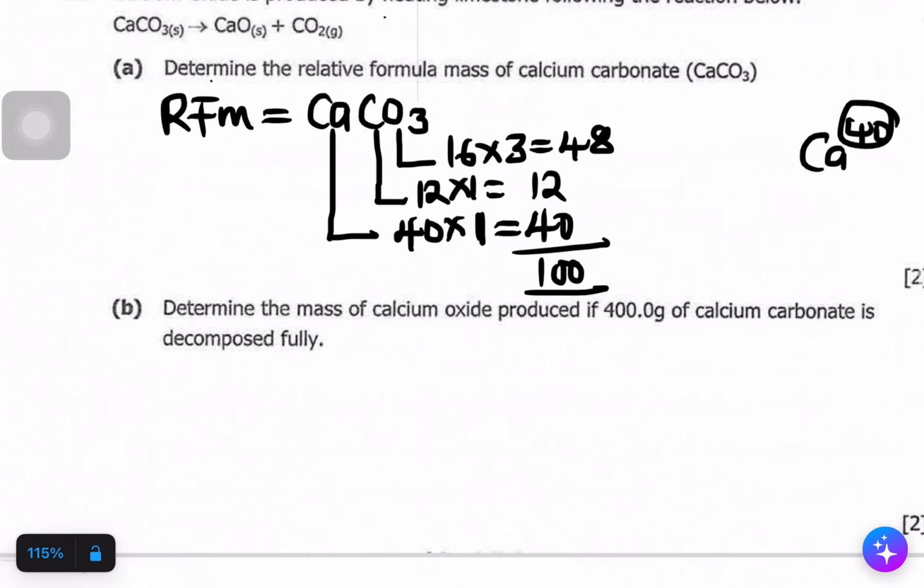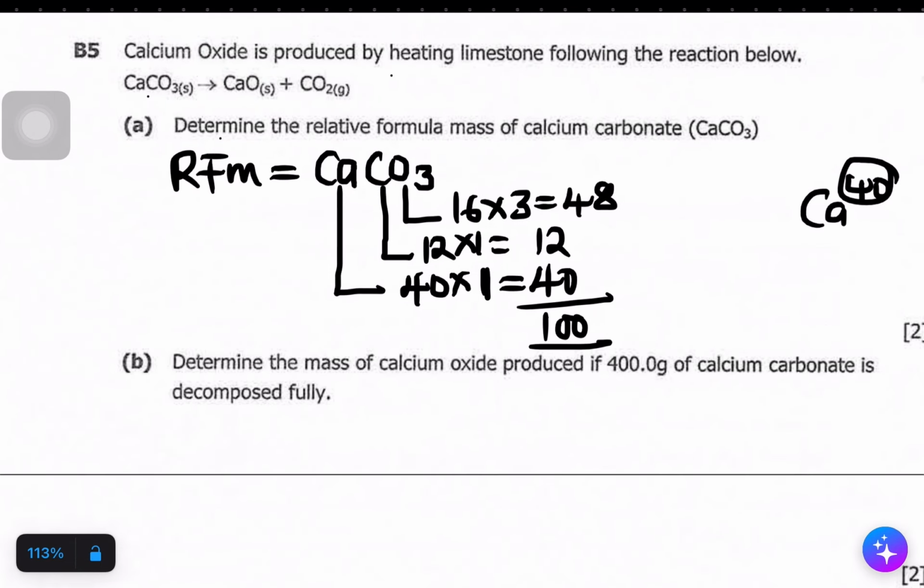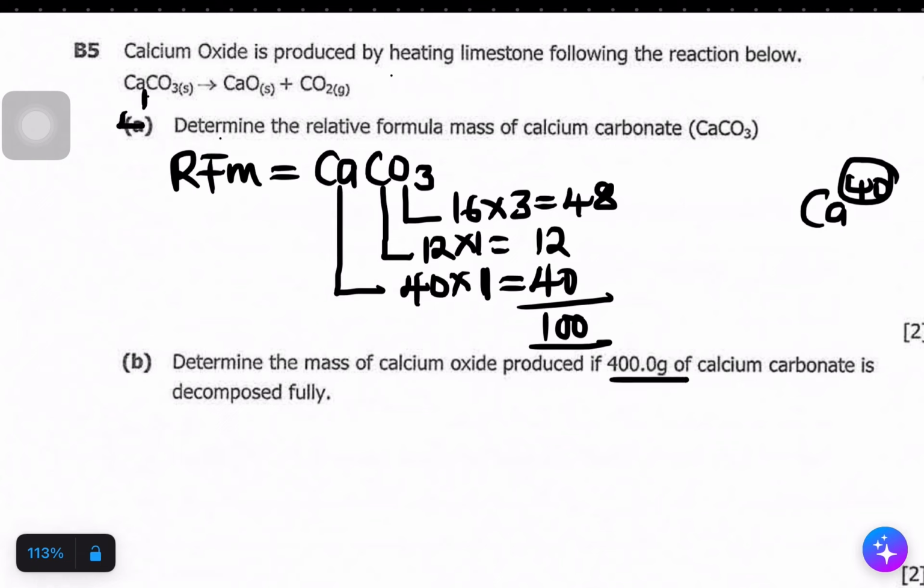We look at the given equation: we are given 400 grams of calcium carbonate, and we are told to determine the mass of calcium oxide.